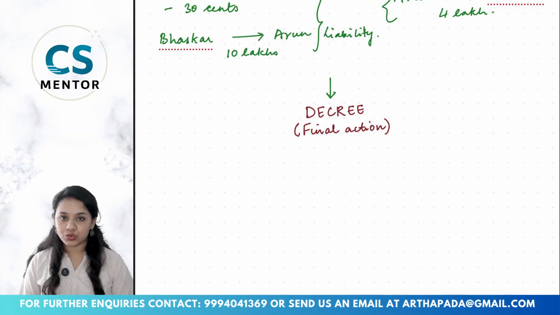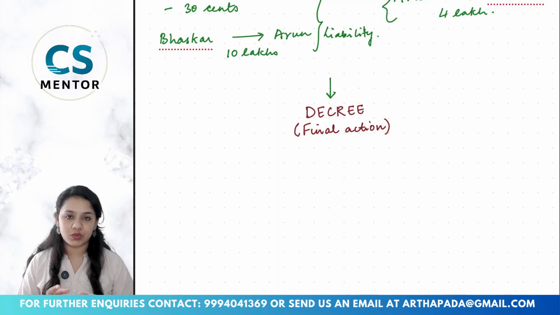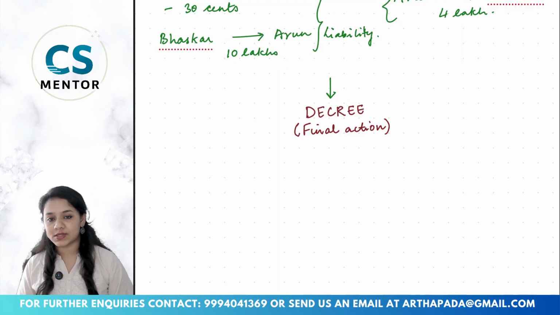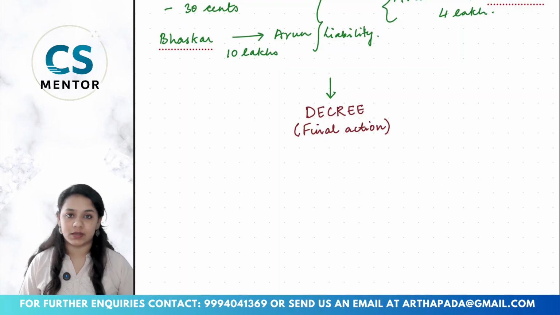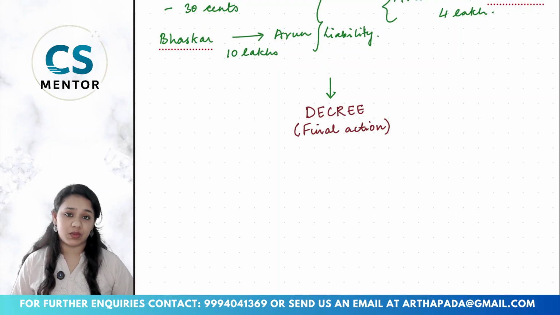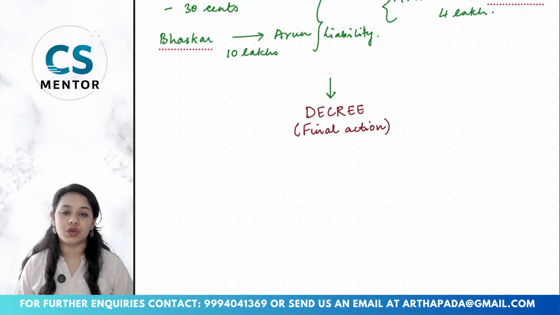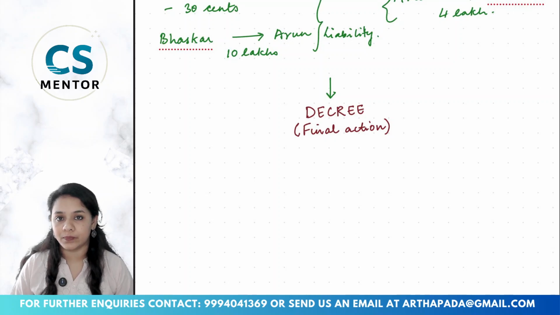Now, usually the judgment and the decree will be given together on the same day. But sometimes the judgment is given first, followed by the decree. And the time period within which this has to take place can be anywhere between 14 days to even 30 days. Okay, and it is only when the decree is given that we can say that the proceedings of the court have finally come to an end.